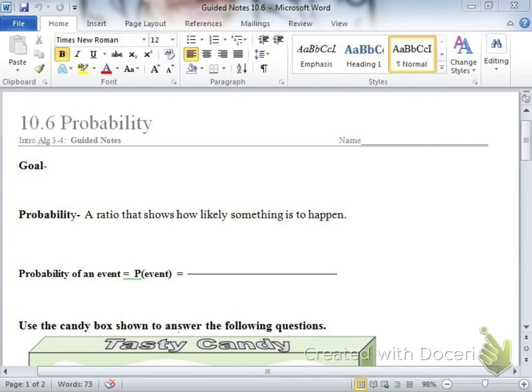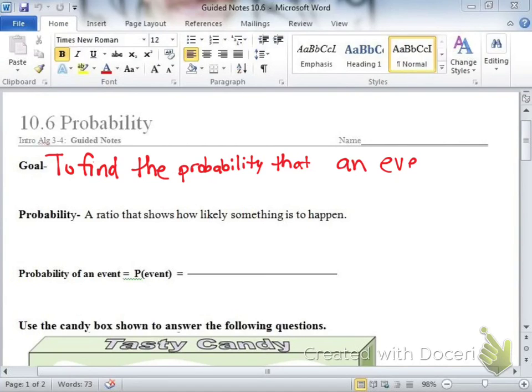Today's all about probability. So our goal is to find the probability that an event will occur.